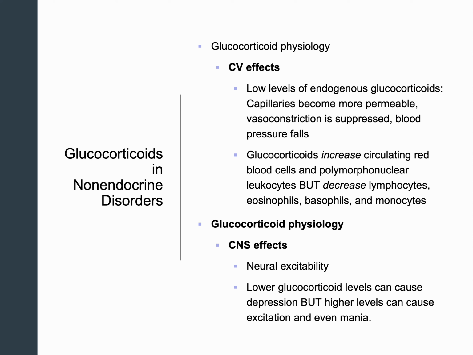Within our central nervous system, glucocorticoids have an essential role in CNS function in terms of neural excitability. Whenever this homeostatic mechanism is disrupted within our CNS, lower glucocorticoid levels can cause depression, and higher levels can also cause mania or excitation.